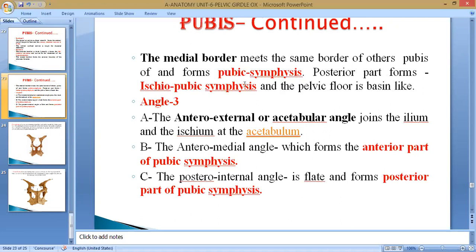We completed three borders and three angles. We have seen the antero-external angle, in front and outward, which forms the acetabulum, and the antero-medial angle, in front and inward, which forms the front part of the pubic symphysis, and the postero-internal angle, which forms the posterior part of the pubic symphysis.